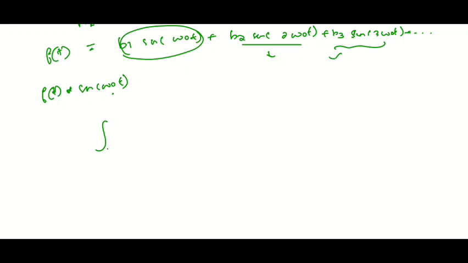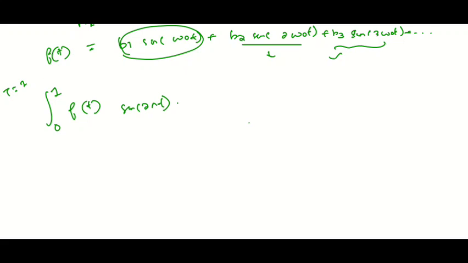Okay, so the integral over 0 to T of f of t sin 2 pi t, let it be 1 hertz, okay. Let the time period be 1, okay. F of t sin 2 pi t dt. We will see what we will get, okay.